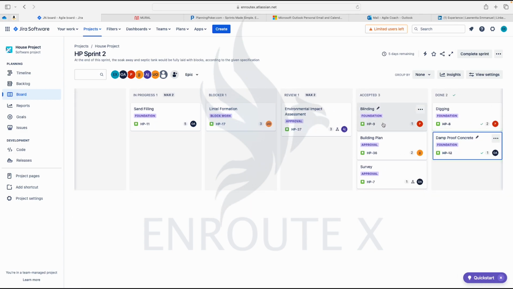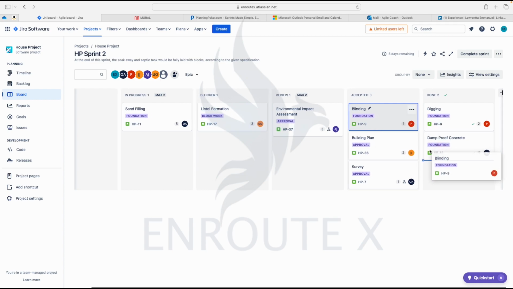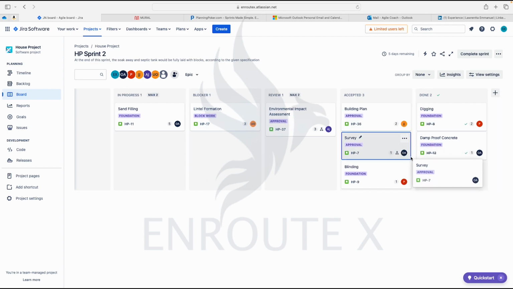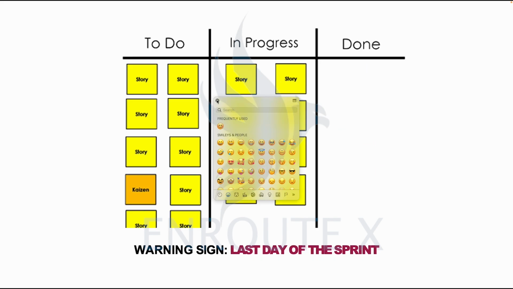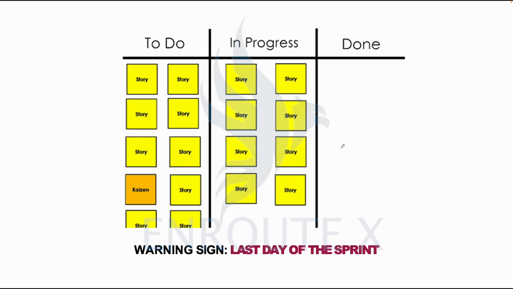So on your last day of the sprint, you should have at least most of your stories in the done column. It becomes a warning sign when on your last day of the sprint you have nothing to deliver, nothing to write home about.